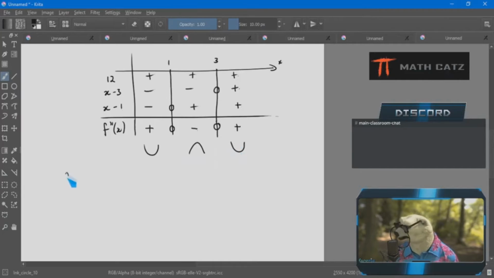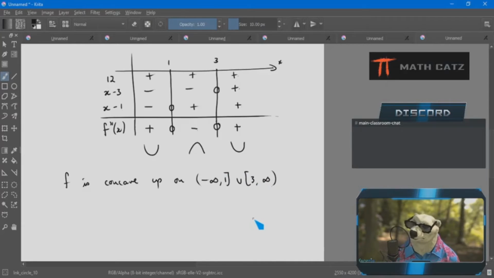Let's write our sentences. Now, of course, we are still trying to make statements about the original function. F is concave up on negative infinity to 1, as well as 3 to infinity.